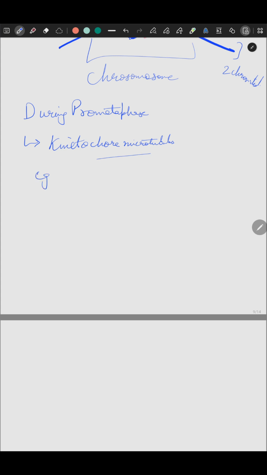It varies. For example, in yeast only one microtubule attaches to it, but in humans several microtubules attach to the kinetochore. We can say in humans it is about 40.